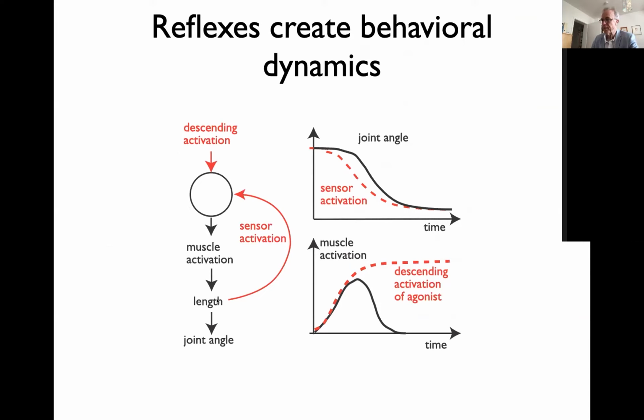So the reflex sends back a signal that is monotonic with the length of the muscle through the spindle organ. The more the muscle is stretched, the longer the muscle is, the more activation is sent back to the motor neuron that drives the muscle. And so what drives the muscle is actually not just the descending activation that comes from the timing level of the motor cortex and so on, but the combination of these two.